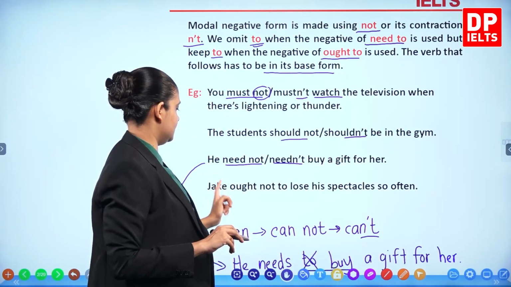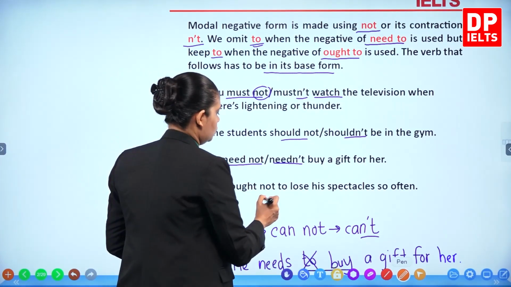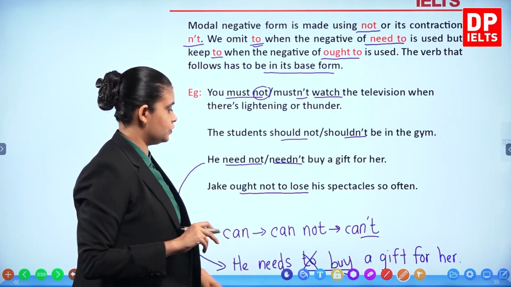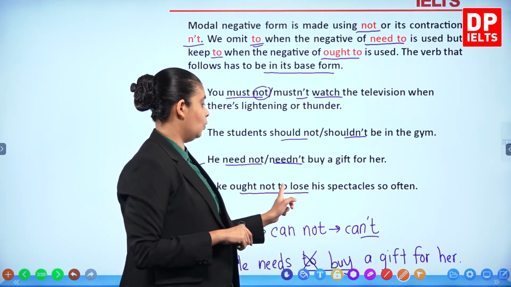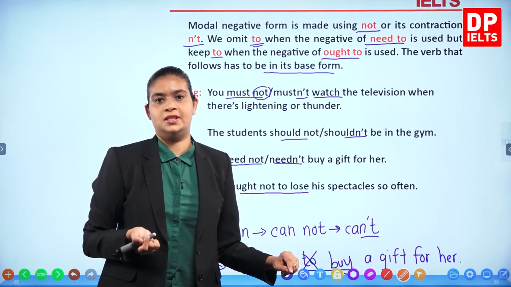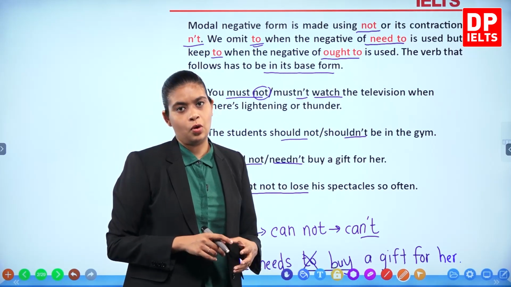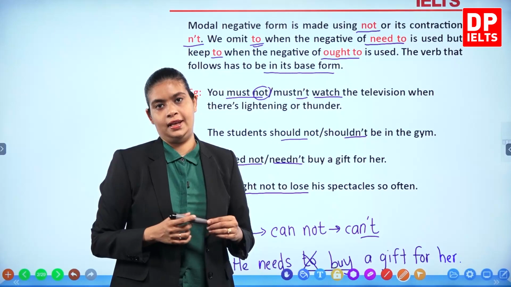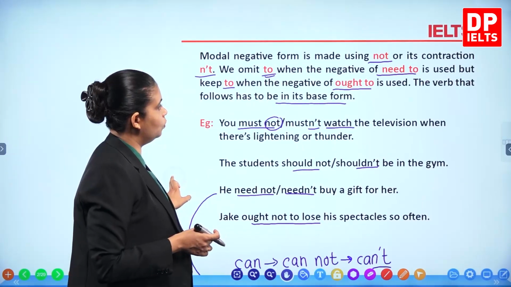Now let us have a look at this. Jake ought not to lose his spectacles so often. Even though ought not is a negative form, we keep to in the same place as it was in the positive sentence. The verb following it is in the base form again as well. Let us have a look at the rule one more time.